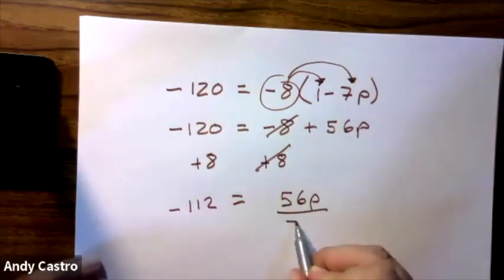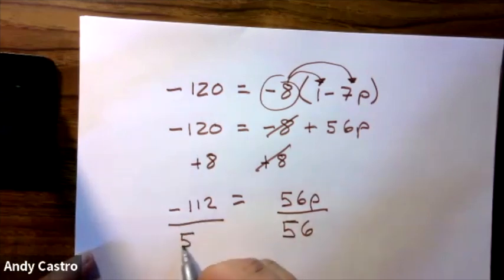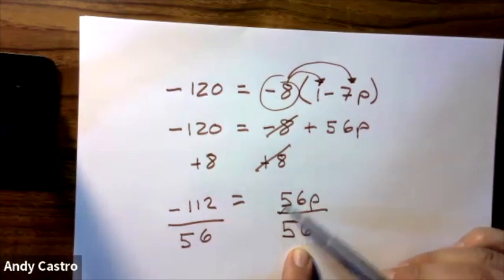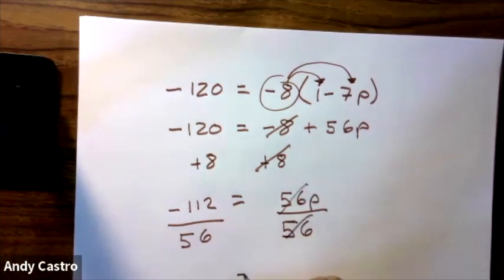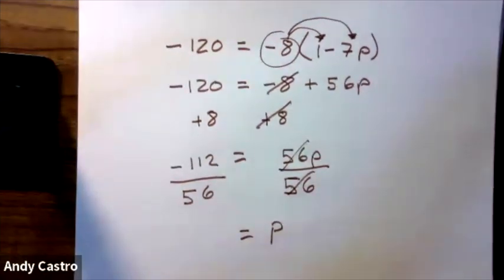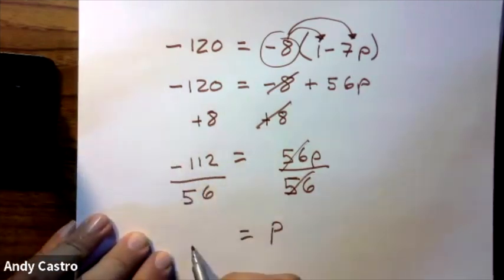Then we're going to divide by 56. We're going to divide by 56. So if I divide 56 here, those cancel. I'm left with p. And 112 divided by 56 is 2. And I have a negative divided by a positive. So I have negative 2.